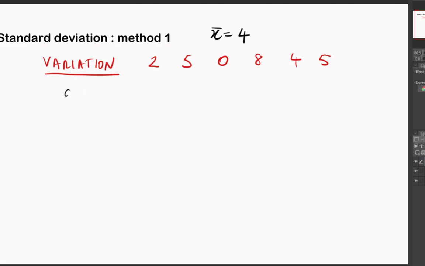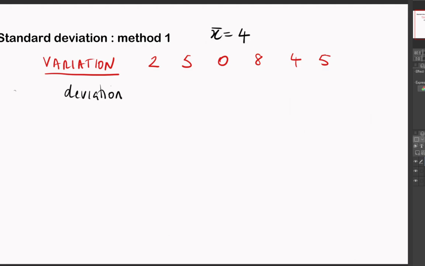This is called deviation, because the word deviation means difference from what's usual. In this case, we're taking the mean as the normal number, and we're going to work out the difference between each of our numbers and the mean.